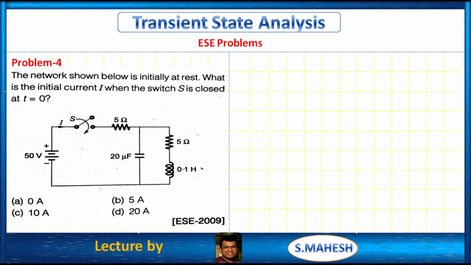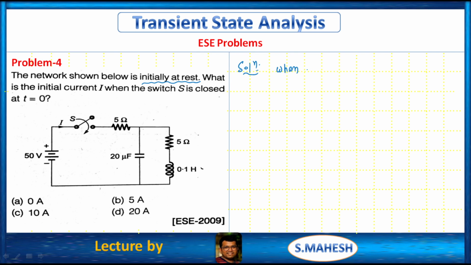Next problem, the network shown below is initially at rest. What is the initial current I when the switch is closed? Very simple one. He wants the initial current only. Okay, no problem.